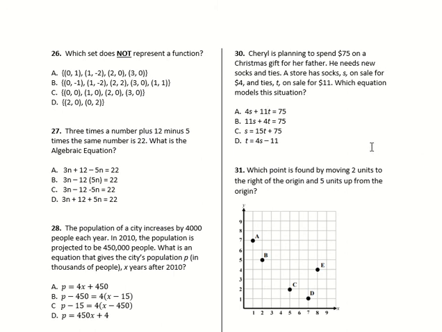A, 4S plus 11T equals 75. B, 11S plus 4T equals 75. C, S equals 15T plus 75. D, T equals 4S minus 11.